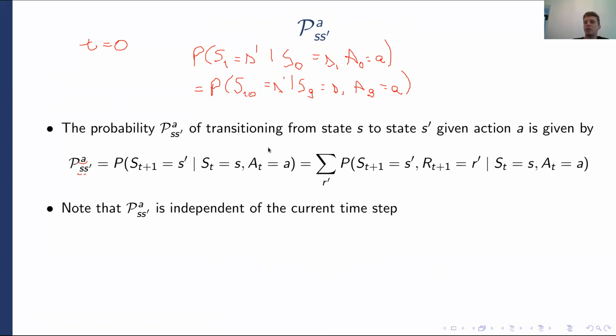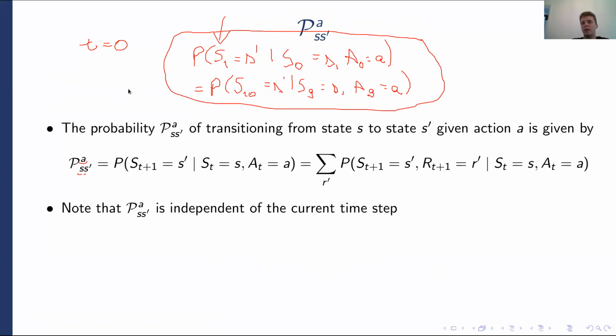It doesn't matter at which time step you are, the probability of transitioning from one state to another state, given a specific action, remains the same. And if you don't want that to be the case, if you want to say that things depend on the time step, then the time step needs to be encoded inside the state, okay? So then the current time step becomes important for decisions.